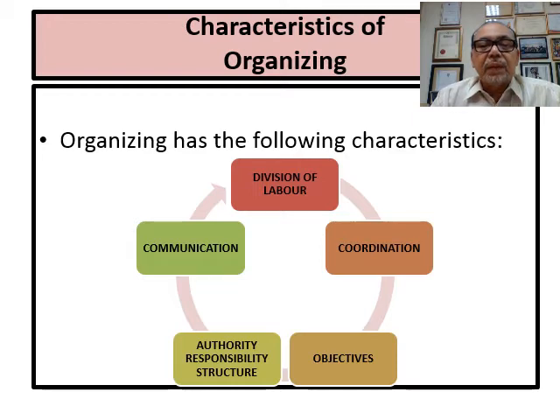Then the authority, responsibility, structure, and communication. Once we have the objective, we have to give each person authority and responsibility, so that they cannot blame others if they fail to implement the job scope we have assigned to them.